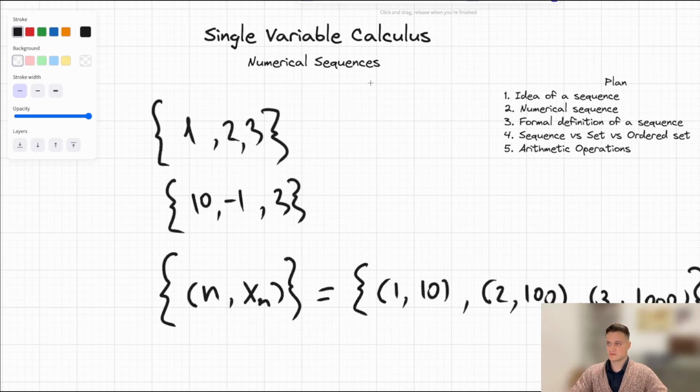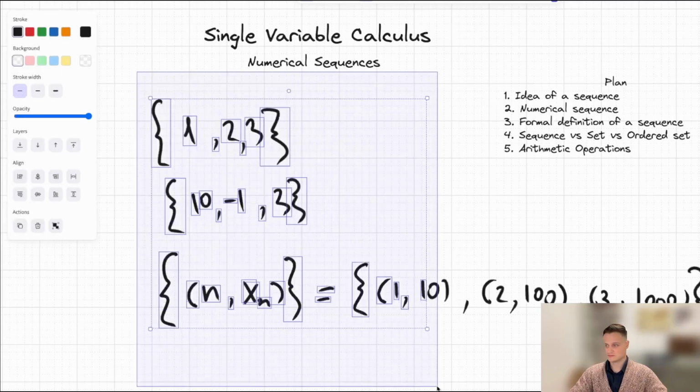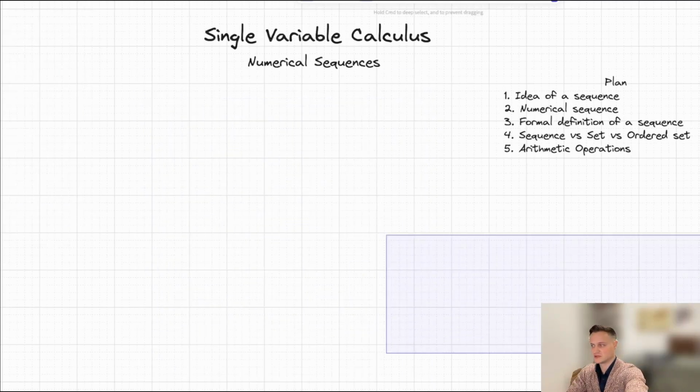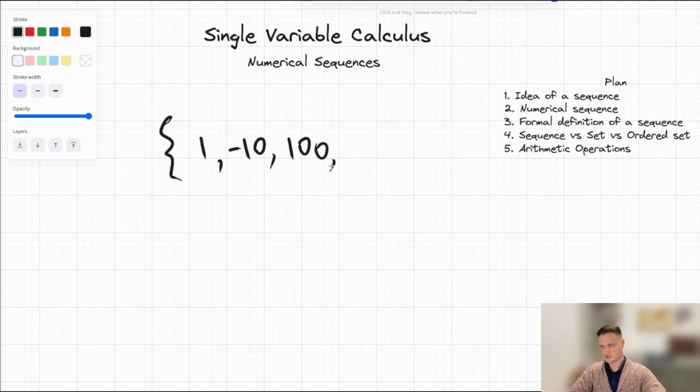So if you're not able to define some interesting formula, you have to define your set as a collection of all the elements. For example, I don't know any pattern or any rule, any idea of how to represent the numbers, and that's why I have to depict all of them, because I don't know how to describe this as a formula. So this is my sequence, and I have to note all the values there.